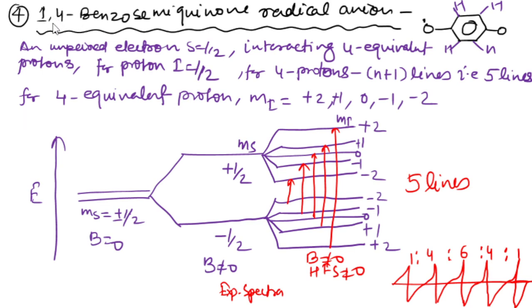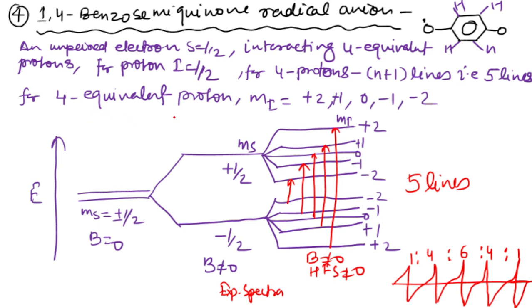For example, take the benzosemiquinone radical. Here four protons are present, so the single electron, whose MS value is half, interacts with four equivalent protons. For protons the I value is half, and 4 protons give n plus 1 lines, that is 5 lines.